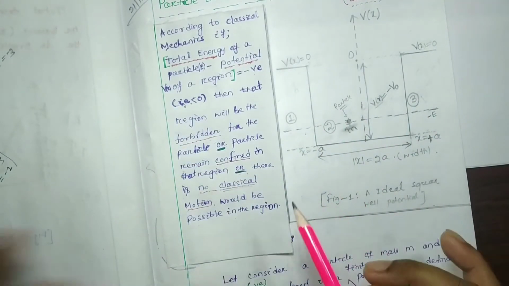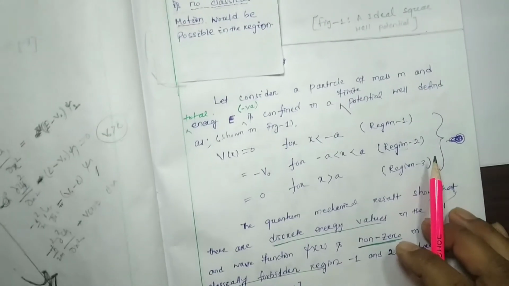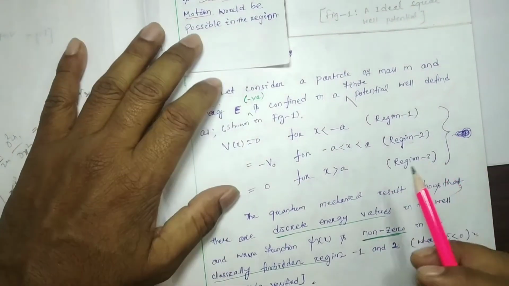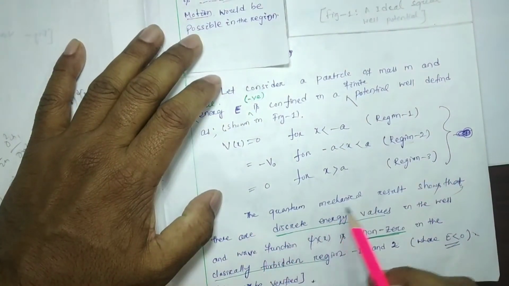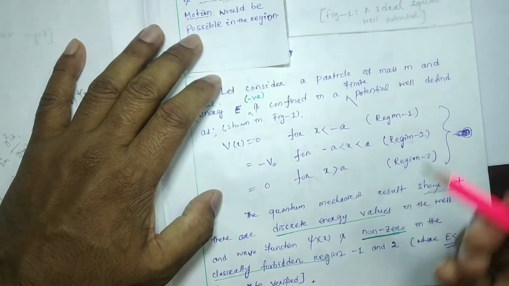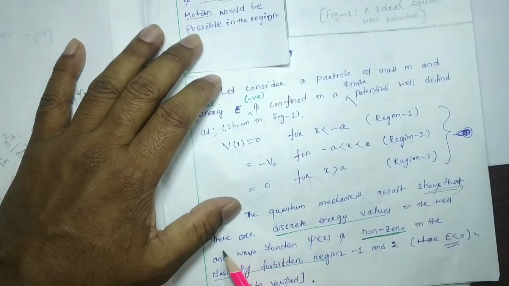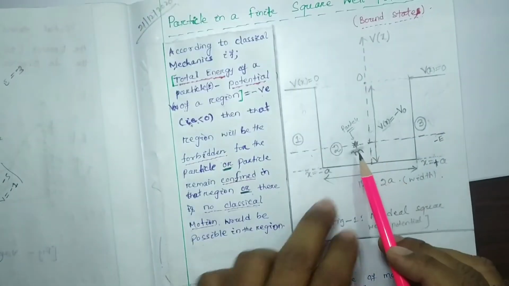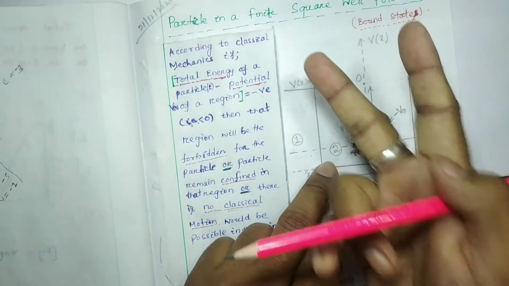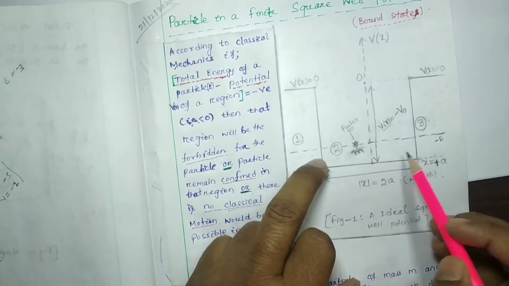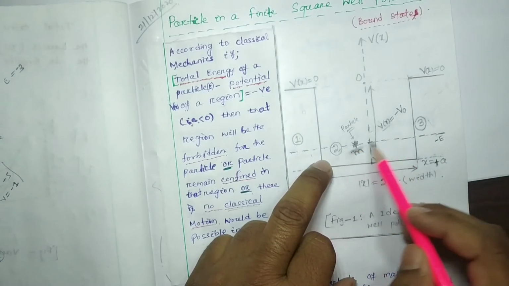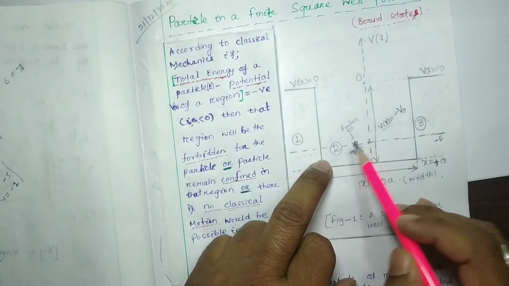But quantum mechanically, the result shows that there are discrete energy values. Since the particle is confined, the energy will not be continuous in this region, it will be discrete.